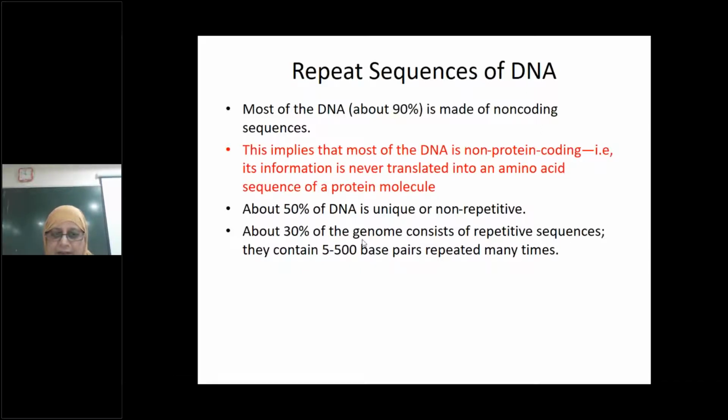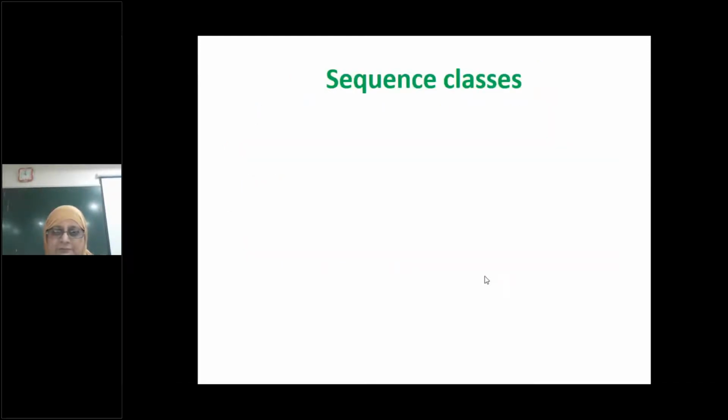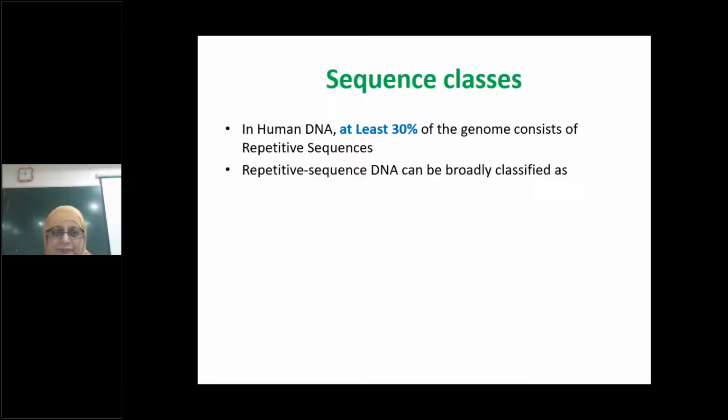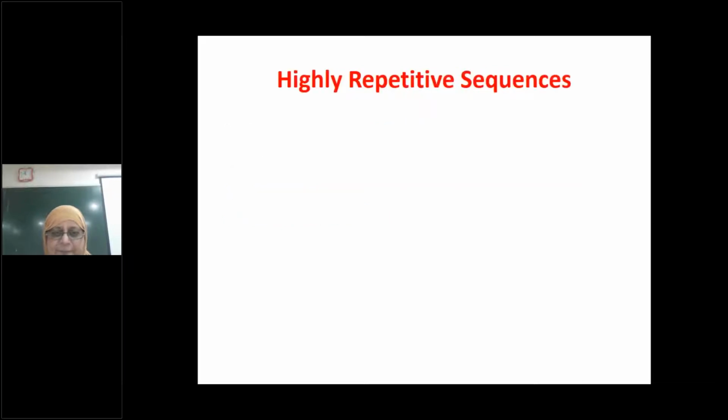These contain about 5 to 100 base pairs which are repeated many times. So what are these repetitive sequences? They are classified into two types: highly repetitive and moderately repetitive sequences.